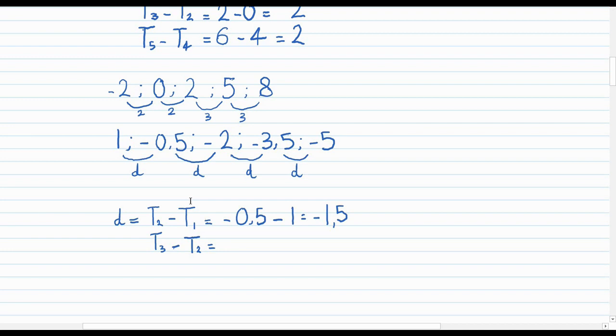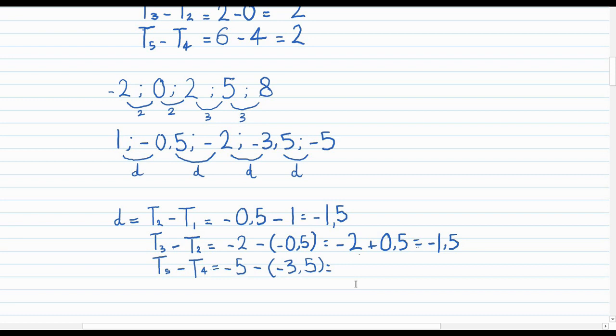And for the second and third term, we get negative 2 minus negative 0.5, giving us negative 1.5 again. Then last, we can check for the fourth and fifth terms, where it's negative 5 minus negative 3.5, which gives us negative 1.5 as a difference again. That confirms this is an arithmetic sequence with a common difference d of negative 1.5.